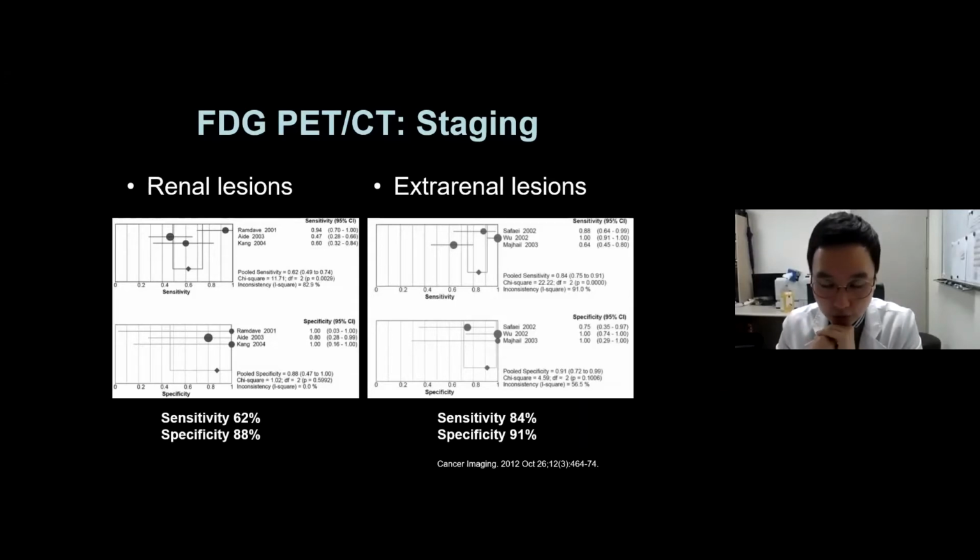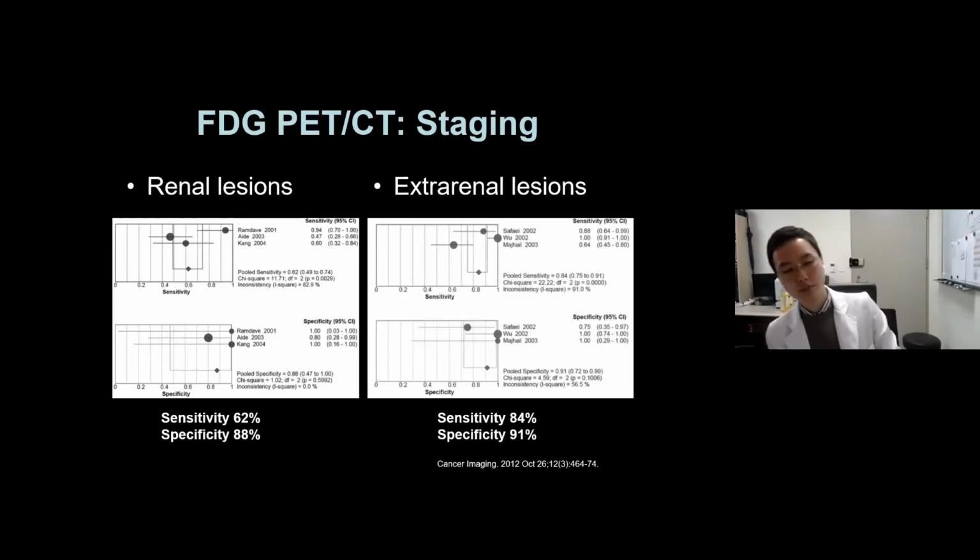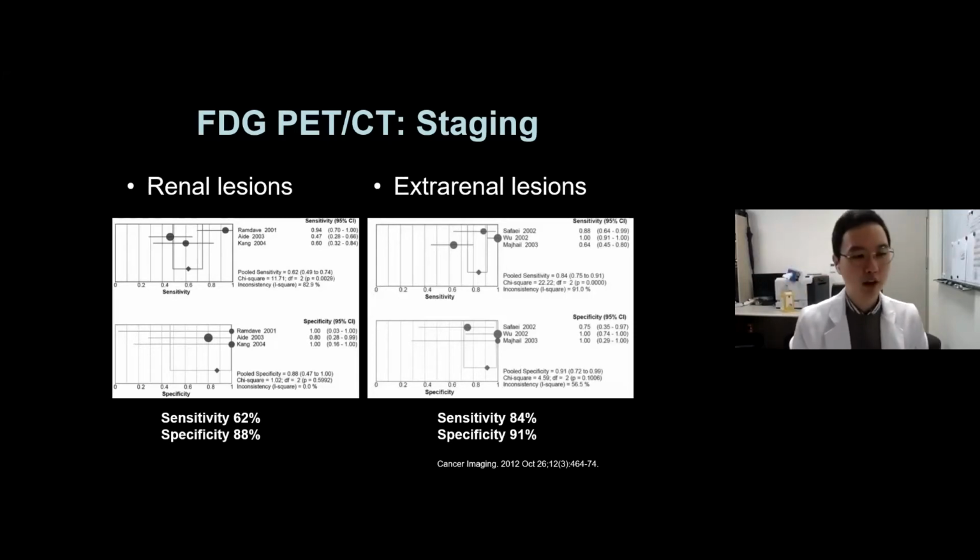And also, renal cell tumor has a natural characteristic of low glucose consumption. So from this meta-analysis, they have shown quite limited diagnostic performance for the renal region.